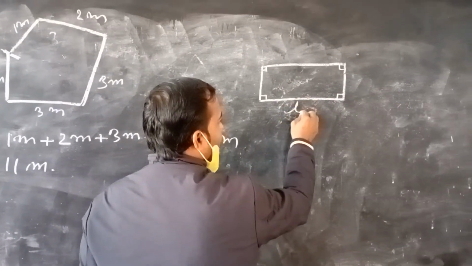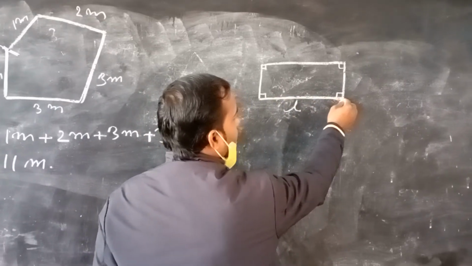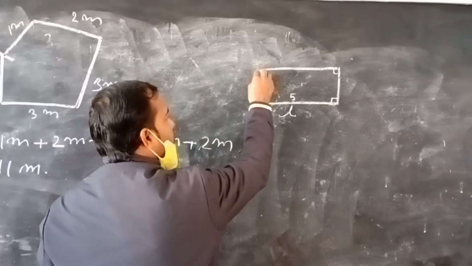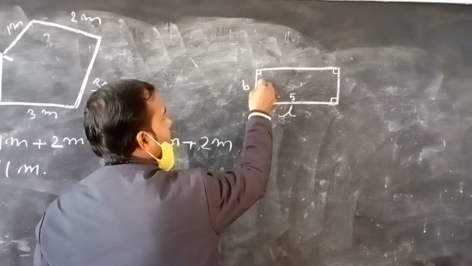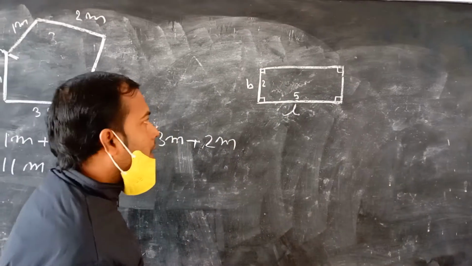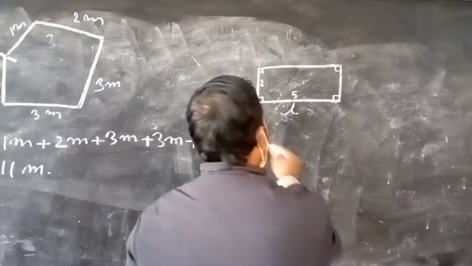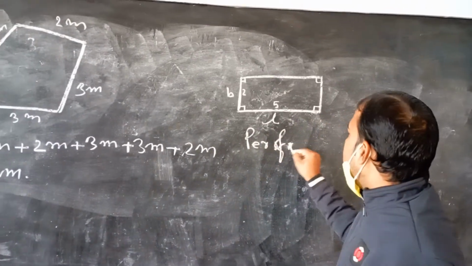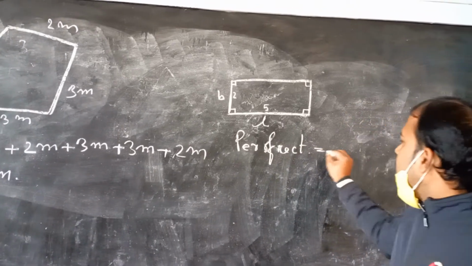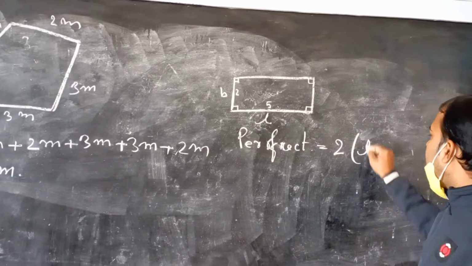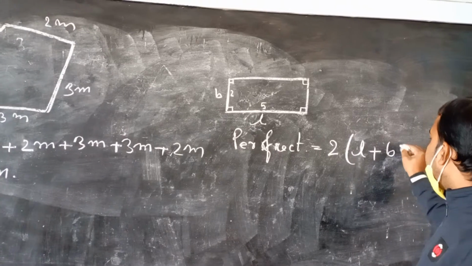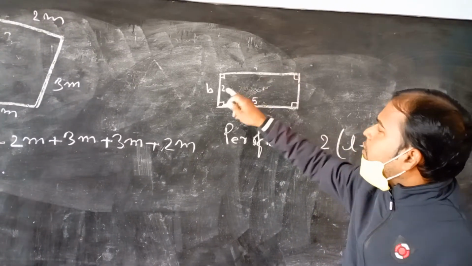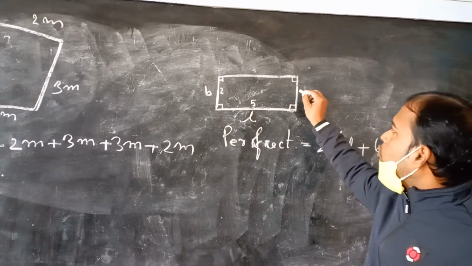This one will be the length, suppose length is given 5, and this one is breadth, suppose breadth is given 2. Then perimeter of rectangle is equal to 2 whole into L plus B. If this one is 5, then this one is also 5. If this one is 2, then this one is also 2.